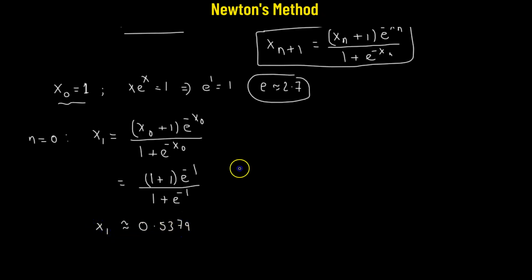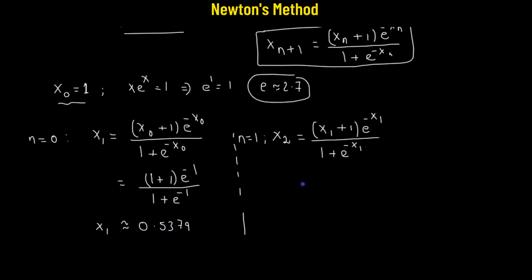We will use our x1 and then we will find x2. This time we're considering n equal to 1. So x2 will be equal to (x1 + 1) times e^(−x1), divided by 1 + e^(−x1). Let's substitute the value of x1 with 0.5379, and this should give us approximately 0.5670.